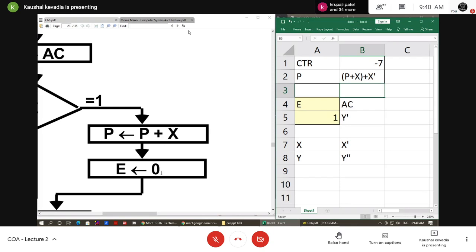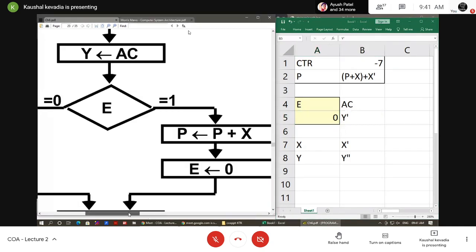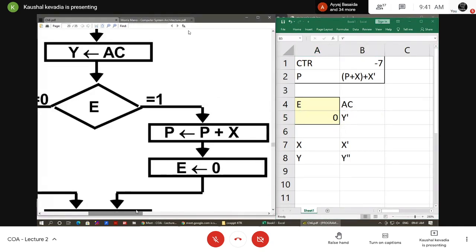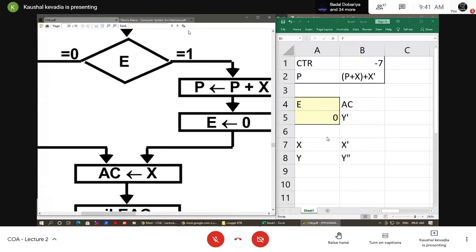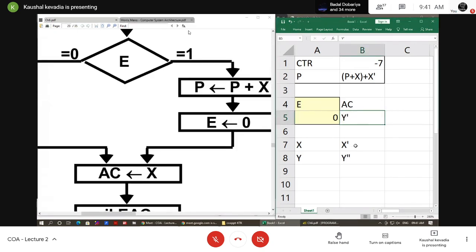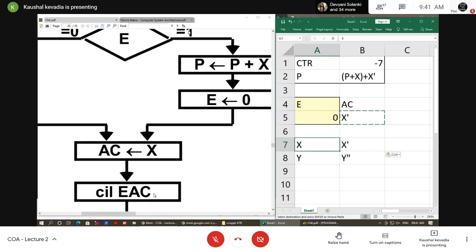And then again we want to set the E value to 0, because we want to do the left shift operation of X. So before that we want to set the E register to 0. Then, as the algorithm says, we do the left shift operation of X. So here I require the X dash in the accumulator, and then we want to do the circular left shift.